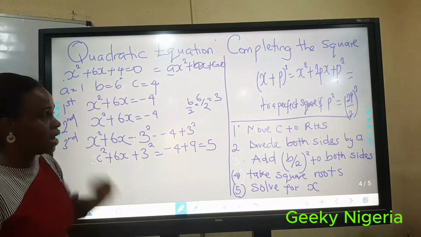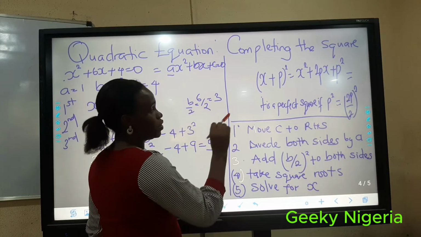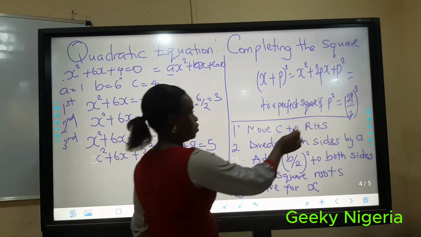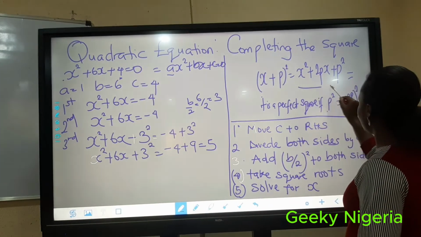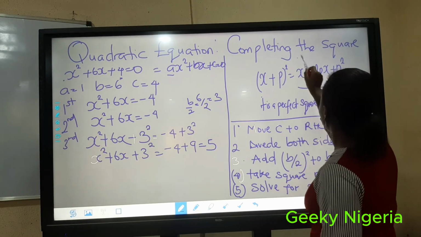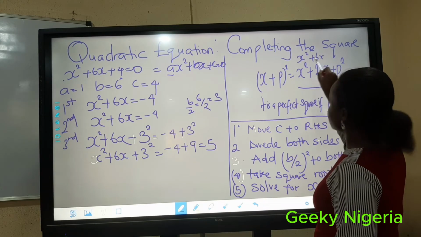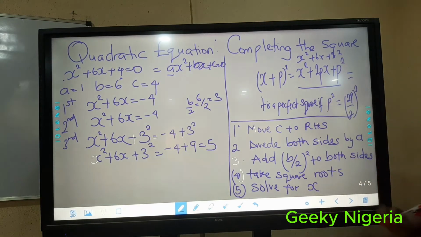It tells you that for completing the square method, for it to be a perfect square, p squared, which in this situation, after it has expanded, it came to this. This expansion is similar to what you have here as x squared plus 6x plus 3 squared. Similar to that.